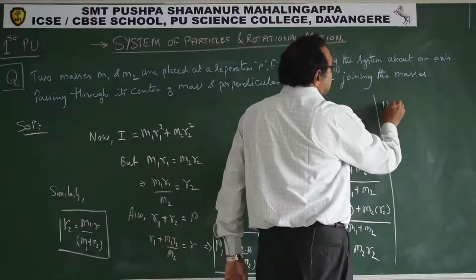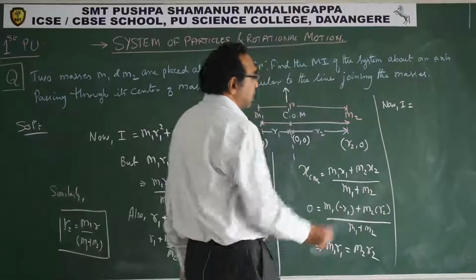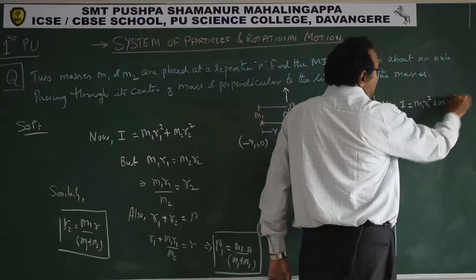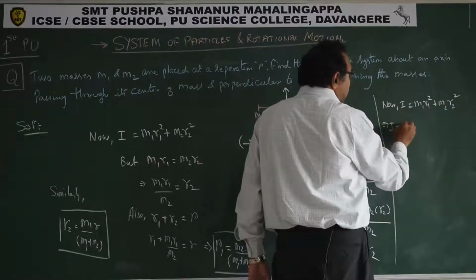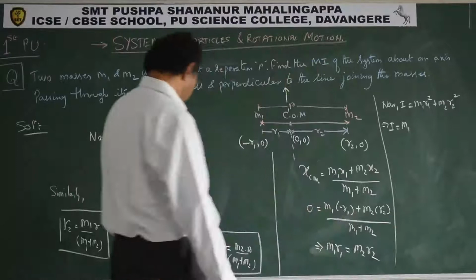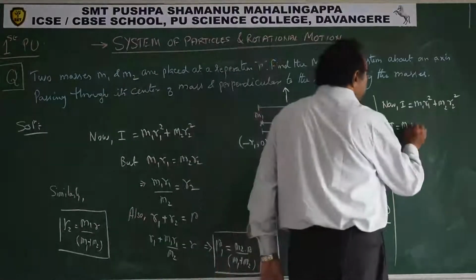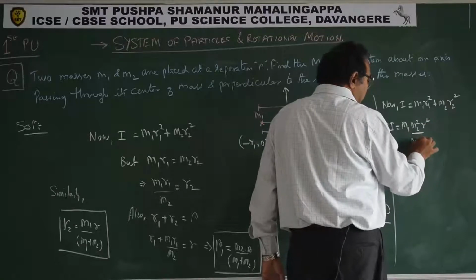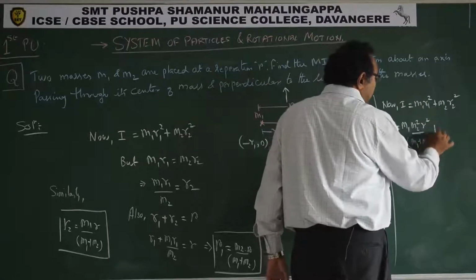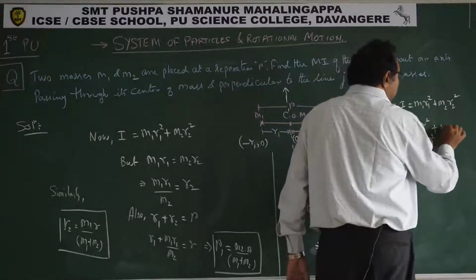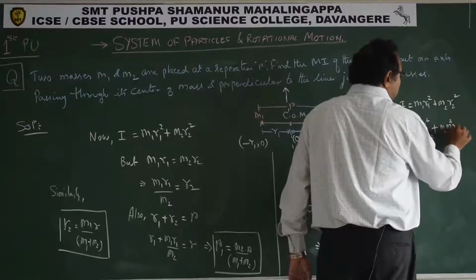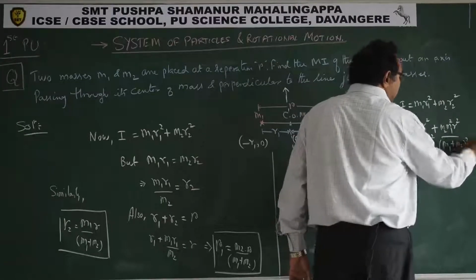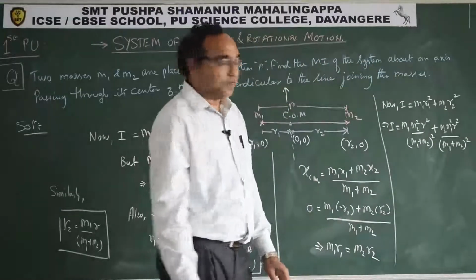Now I is equal to m1 r1 square plus m2 r2 square. So therefore I is equal to m1 r1 square will give us m2 square r square by m1 plus m2 whole square, plus m1 square r square by m1 plus m2 whole square. If you simplify this, what you will get?